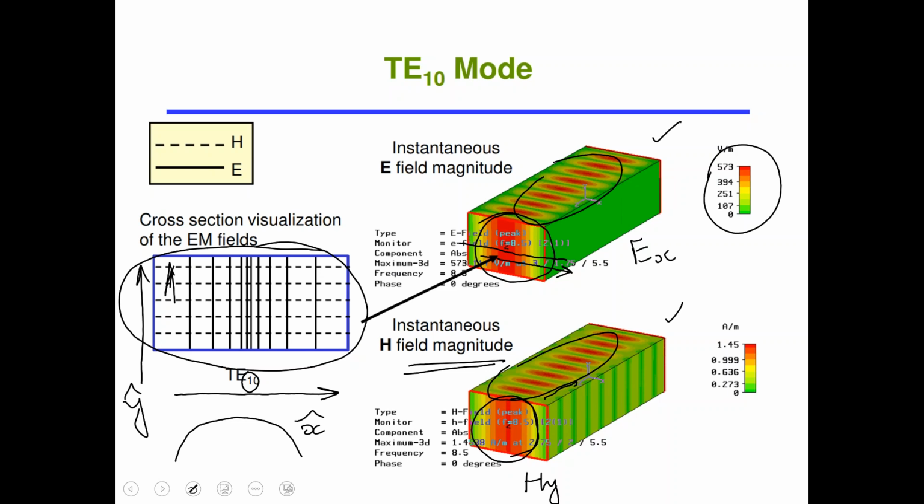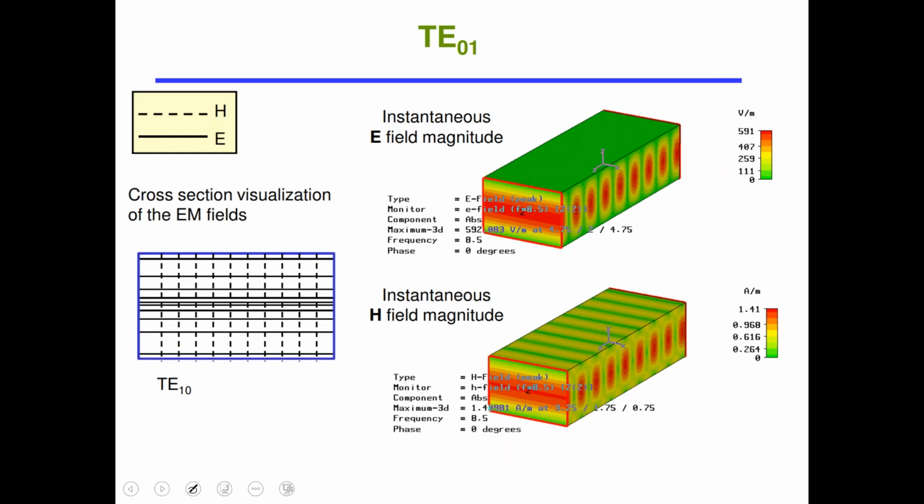If we go to the TE01 mode, then the only thing which has changed is that instead of having things in the vertical direction, now there is no lobe in x direction, so no variation in x. That's what that 0 means.